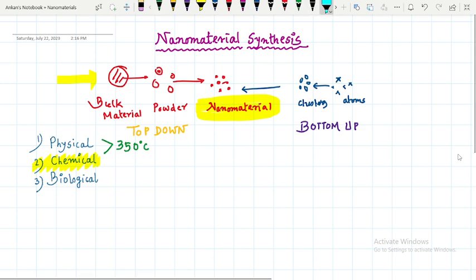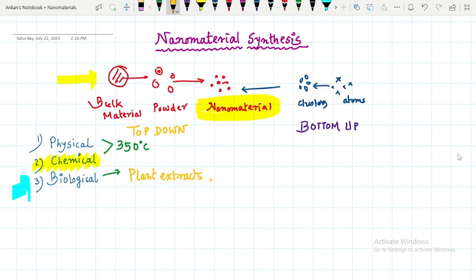And the last one is known as the biological method, which is very suitable for our production of nanomaterials, because the biological method employs byproducts which are not hazardous to our environment and uses components of the biological system such as plants, animals, etc. This can employ plant extracts, certain kinds of microorganisms, algae, etc. And this is very important at present because it helps to manufacture artificial DNA.